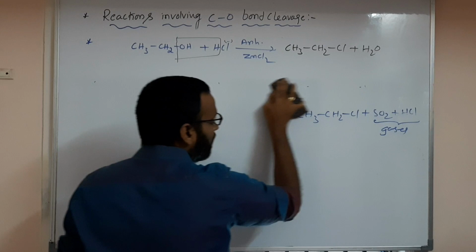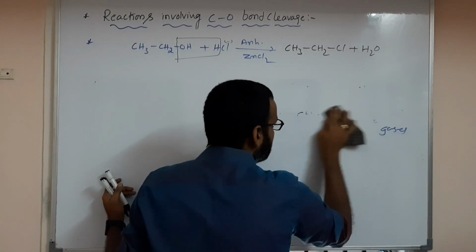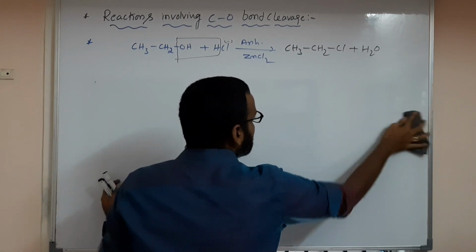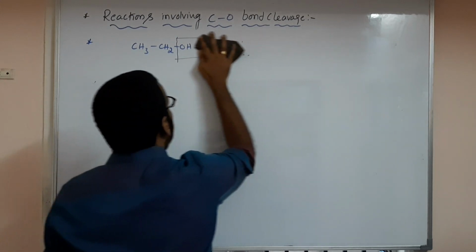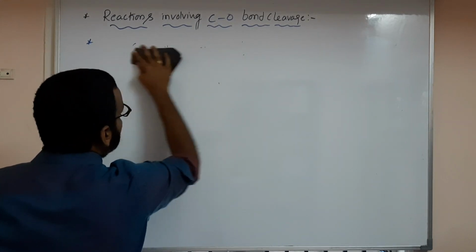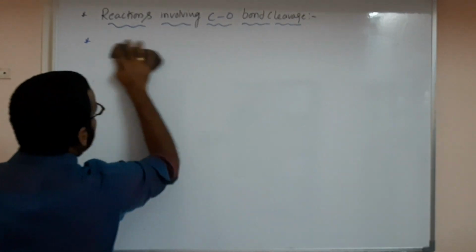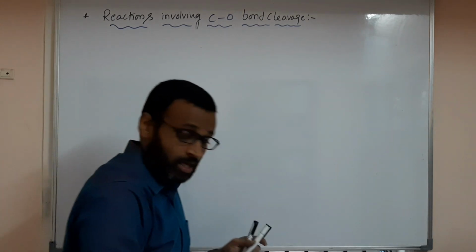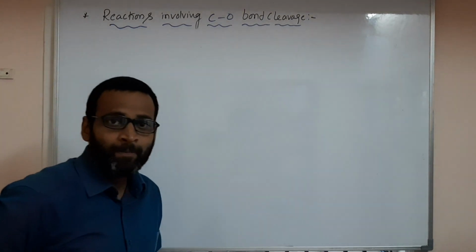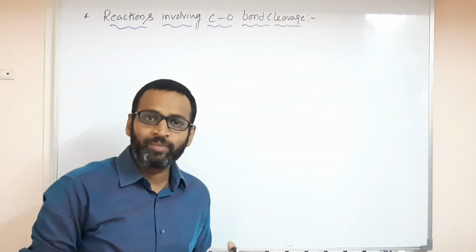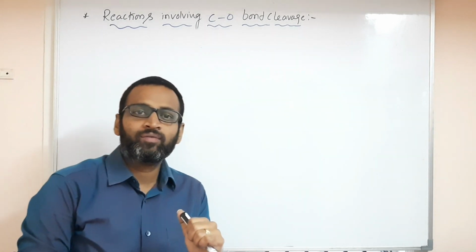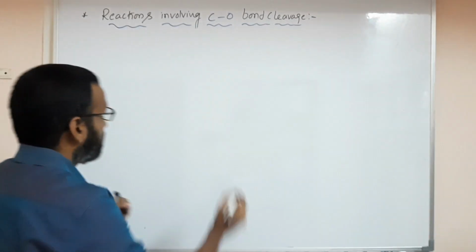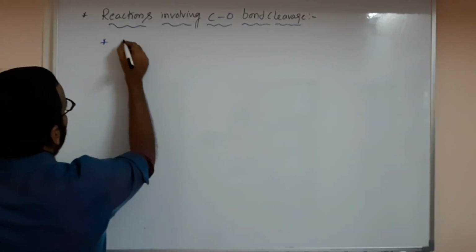Dehydration means removal of water. How does that reaction happen? In the presence of a dehydrating agent like concentrated sulfuric acid, or Al2O3, alumina. By using that, you will have different products at different temperatures. Those we have to learn now.